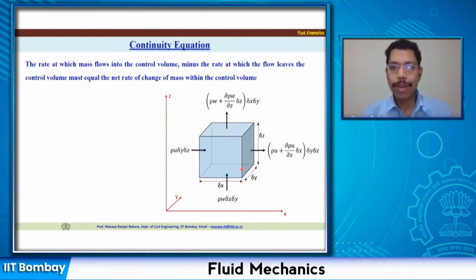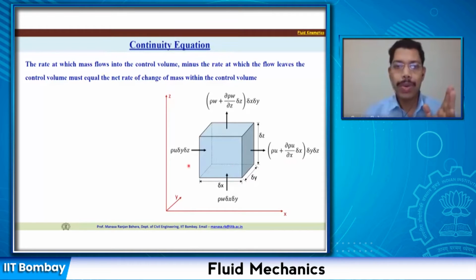So if I want to find it out, then what is the velocity at this particular face? Because from this point to this point, I have traveled a distance of delta x. All right. So there will be a change in the velocity in the x direction. If the gradient of the velocity is dou u by dou x, okay, so the flux that is going to change over this distance is going to be this one.